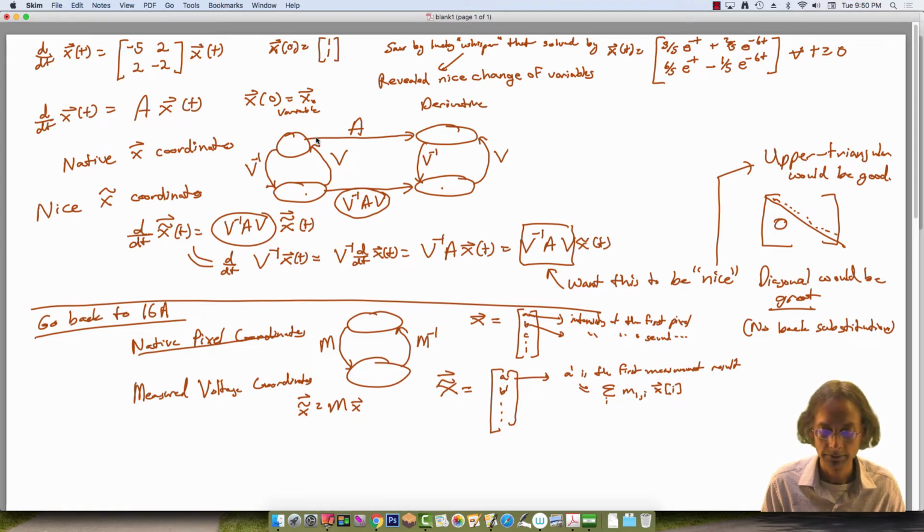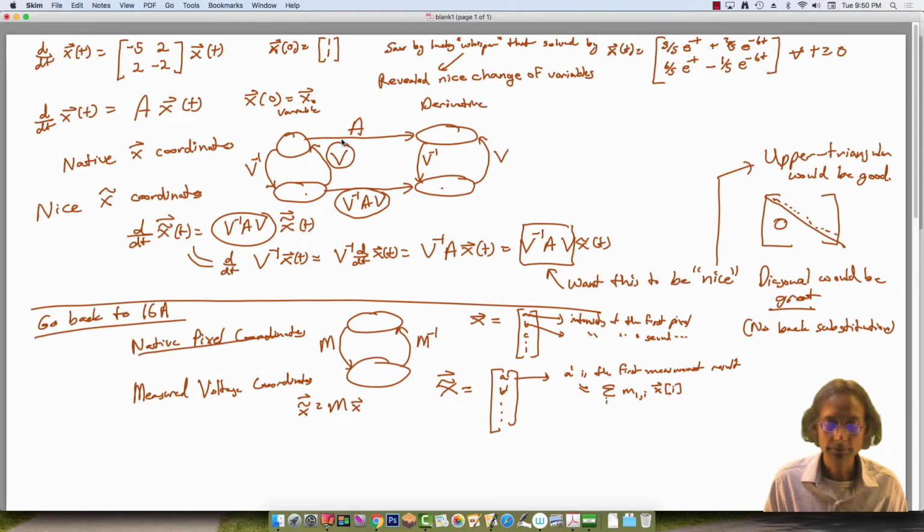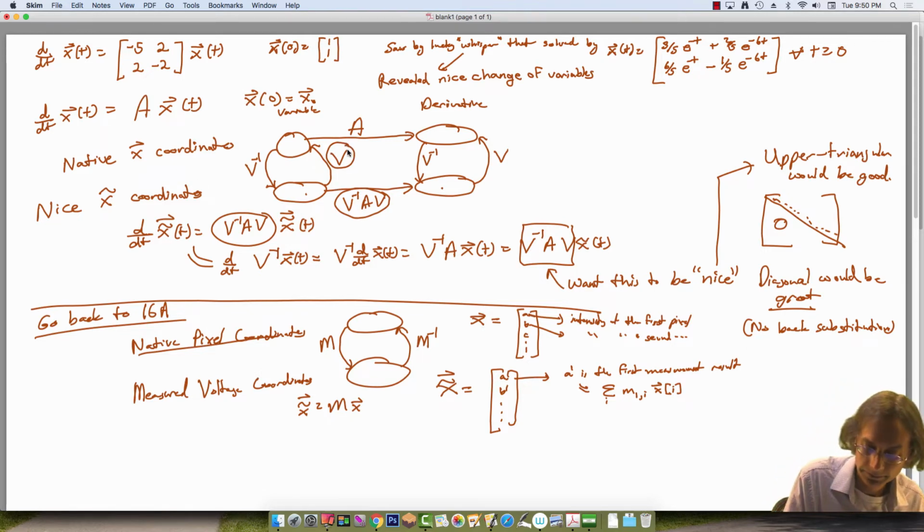Why did I do that? I did that because I wanted this V to have a particular meaning. So what is it that I want V to be? V is a matrix, but it's actually composed of vectors inside of it.